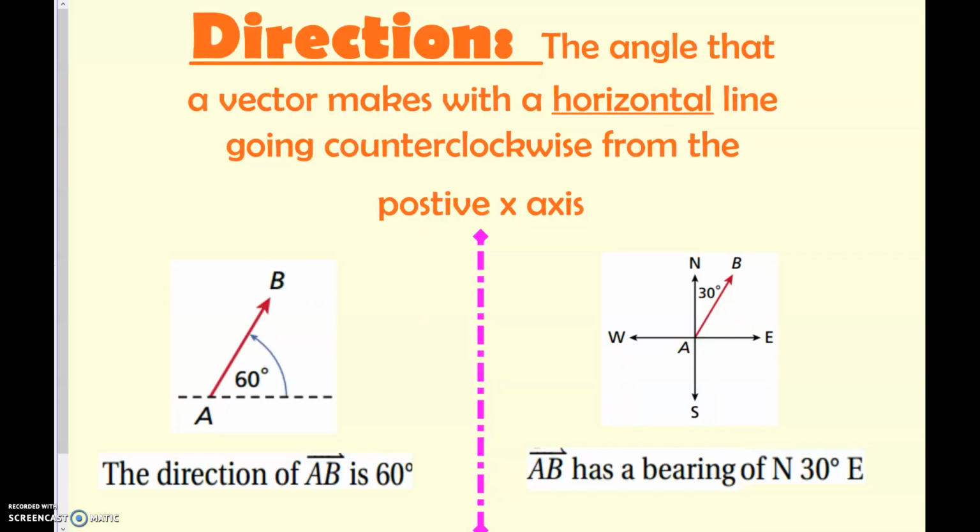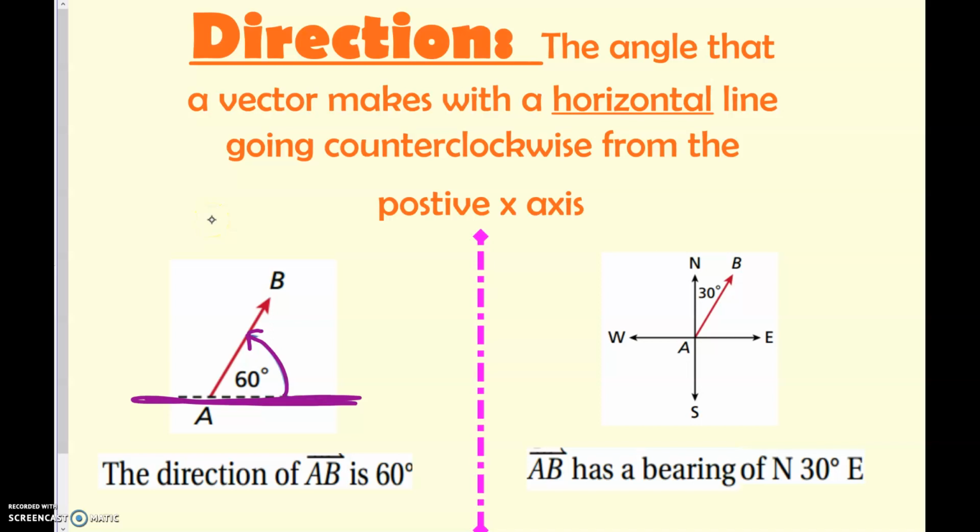All right, direction. The thing we need to know about direction is that when they ask you for the direction of vector AB, it means the angle from a horizontal line, from the positive x-axis going counterclockwise.